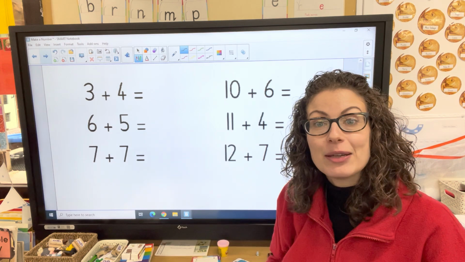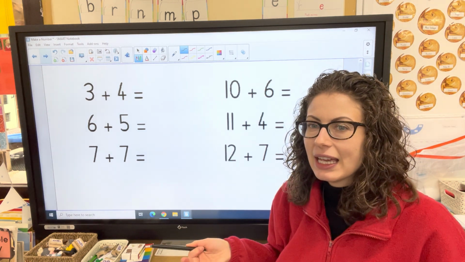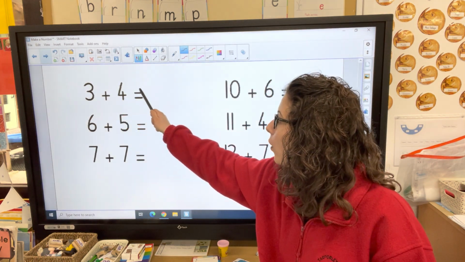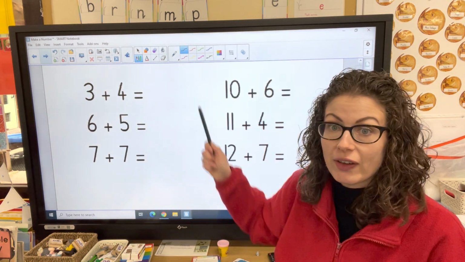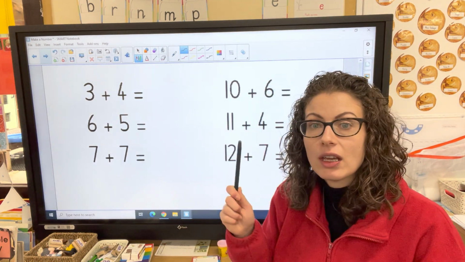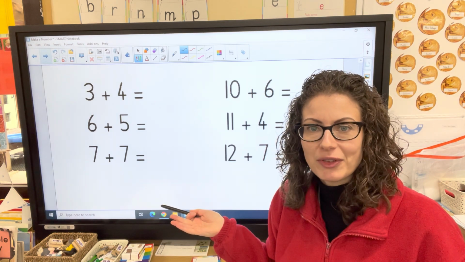Well done. 3 plus 4 equals. But what does that mean? If I want to find the answer, 3 add 4 is the same as what? If I want to find that what, the whole, because these are both parts, what on earth do I need to do? Tell the adult what you're working with today.